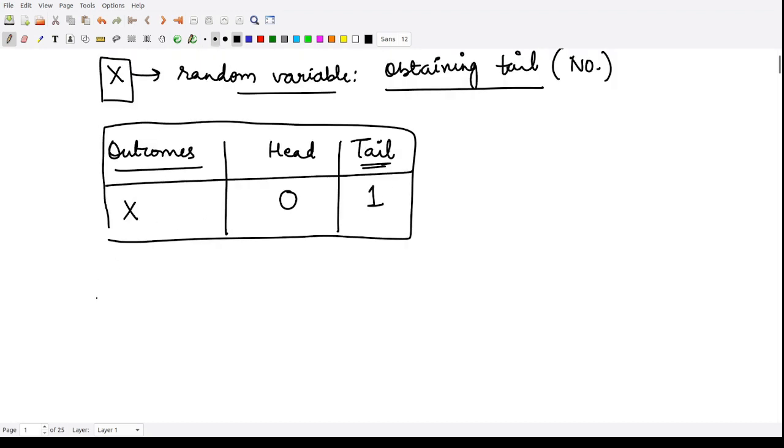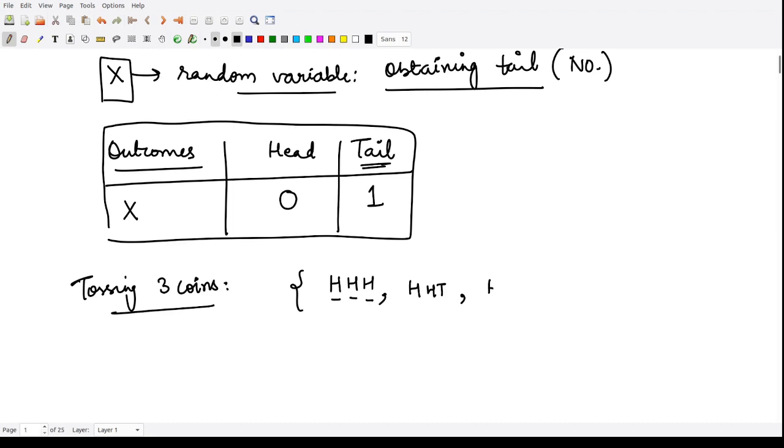In another example, suppose now you are tossing 3 coins. What would be your sample space? In the first toss you can obtain head or tail, in the second also head or tail, and in the third also head or tail. So we can have different cases: in the first trial all heads, in the second trial tail, then tail on the third, and so on.